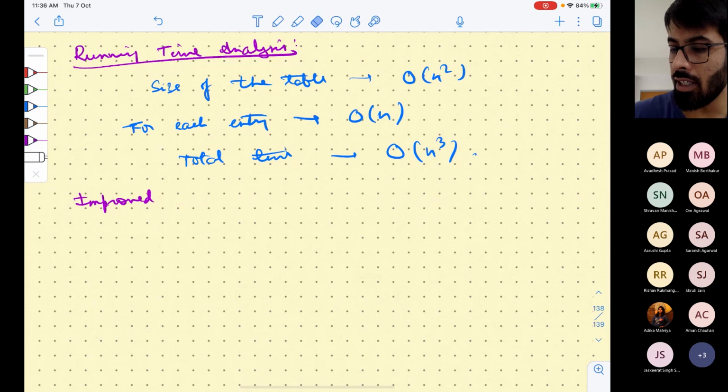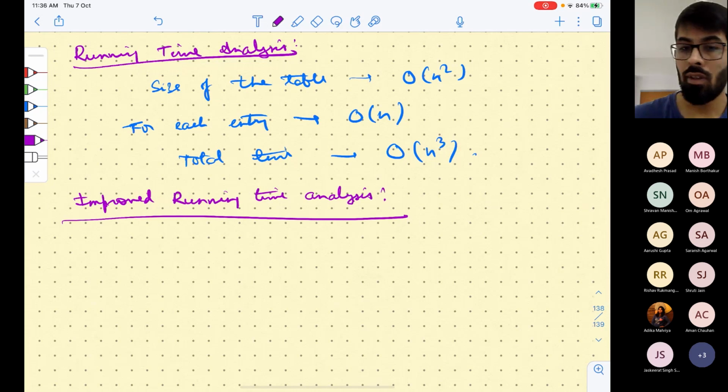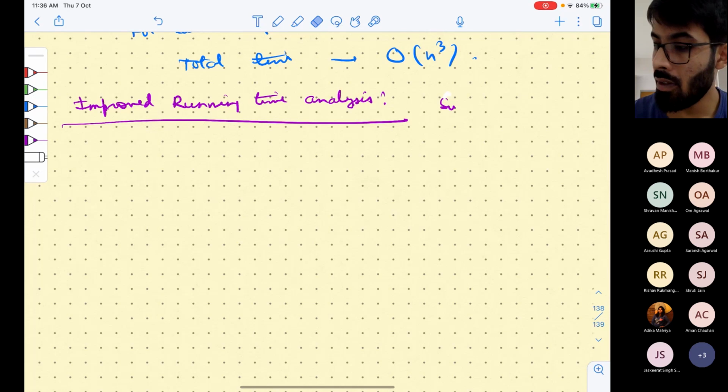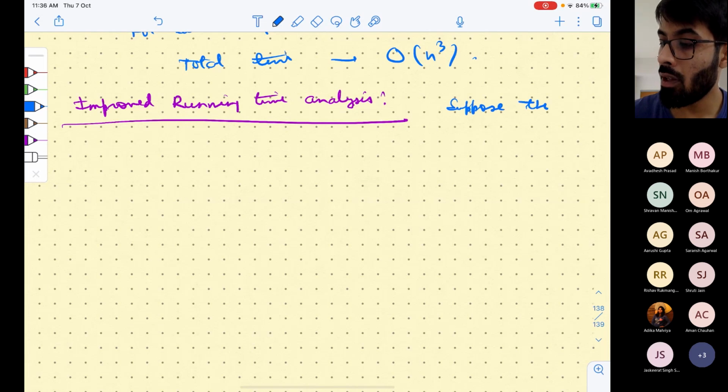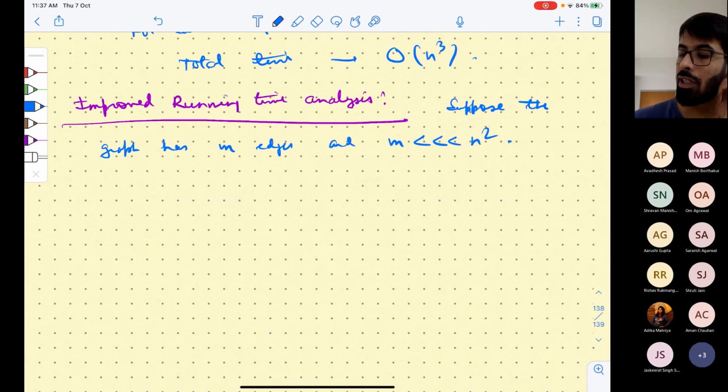But let's quickly improve the running time analysis. I think somebody had suggested that while suggesting the recurrence itself. Suppose the graph has m edges and m is less than n square, much smaller than n square.